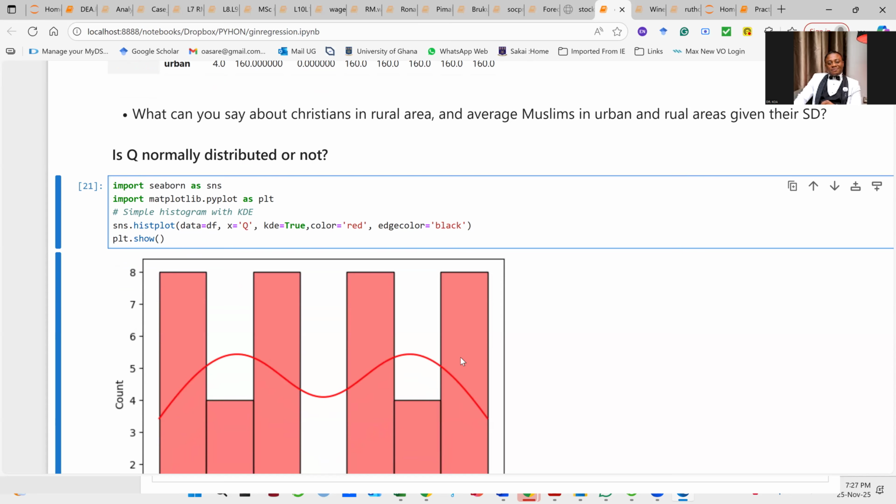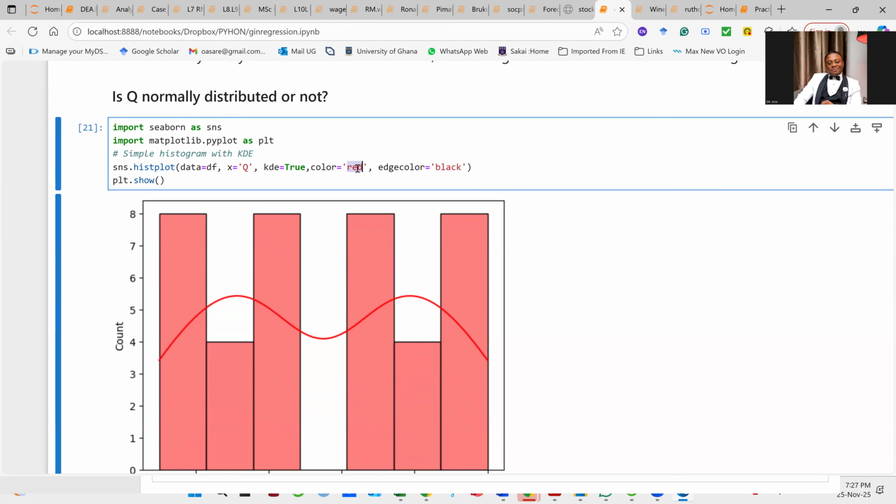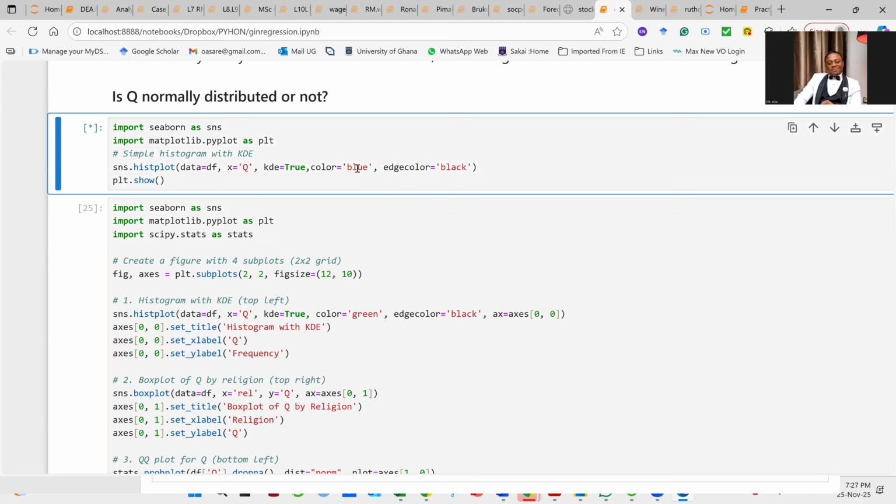It is not necessarily the normal distribution curve, but it is the distribution curve. You indicated that the color is red, and the edge color is black. You can change the color from red to blue, and then run that. It's loading.